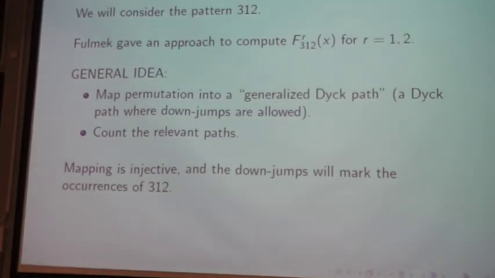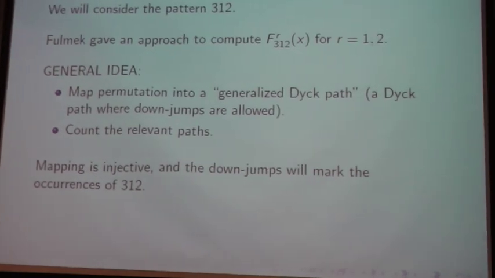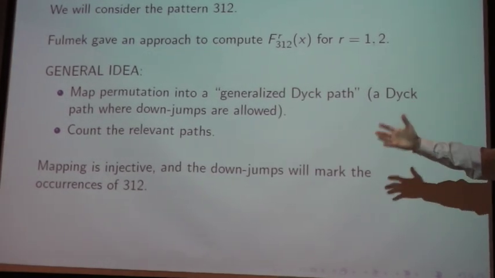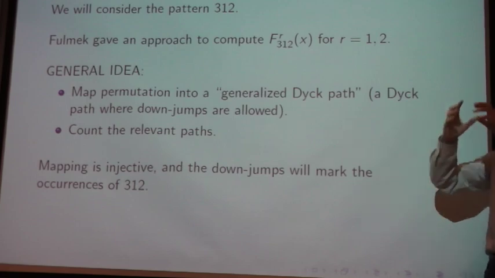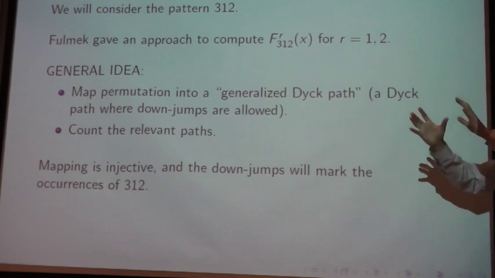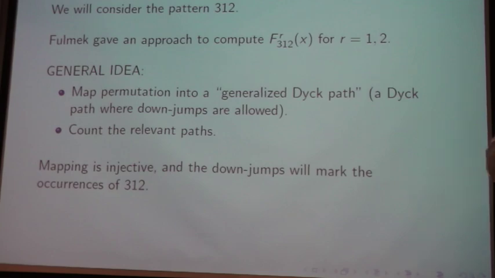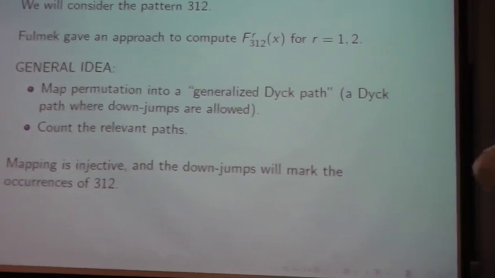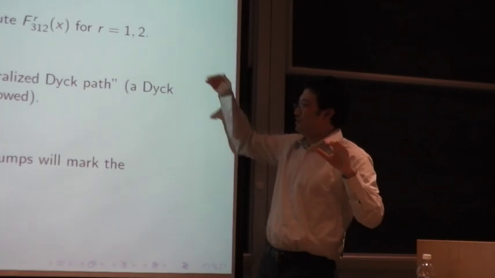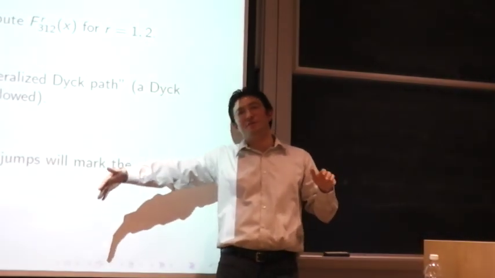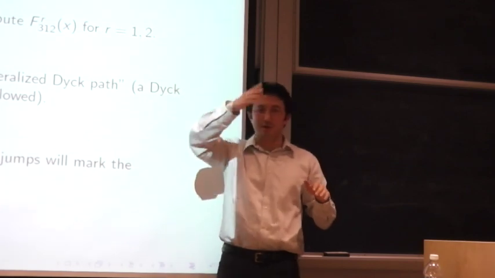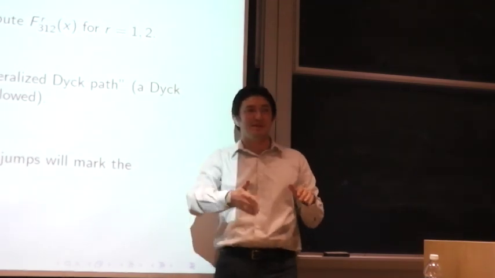The general idea for his approach, and I'm just going to outline it and then mention certain parts that can be automated, is that I take the relevant permutations I want to count, then I map them into a generalized Dyck path, which is a Dyck path that also permits downward jumps. So in addition to the up step and the down step, there are also straight down jumps allowed in the path.